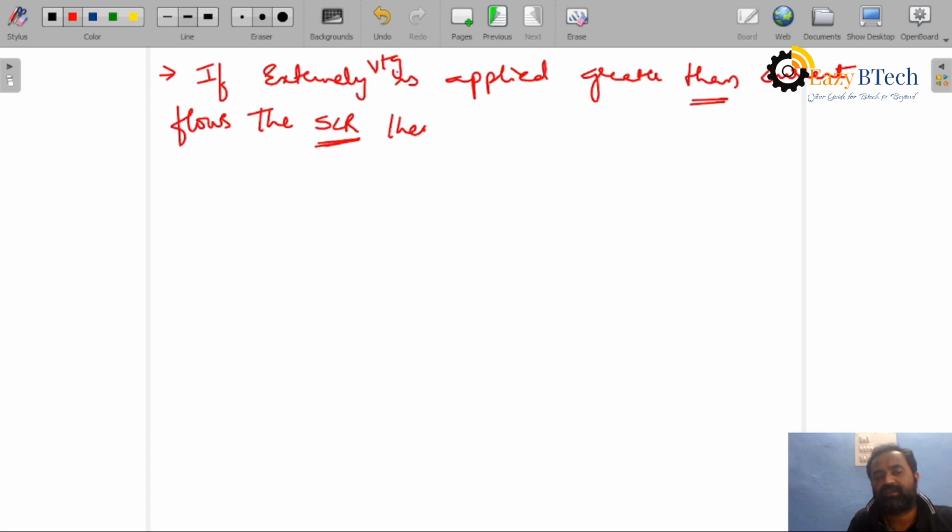Then it turns on. Okay, that we will see from the diagram.